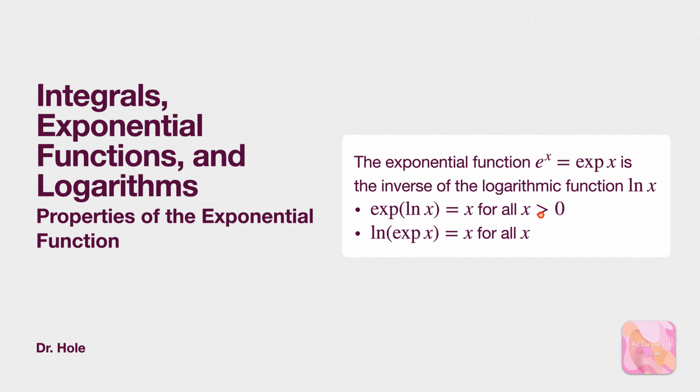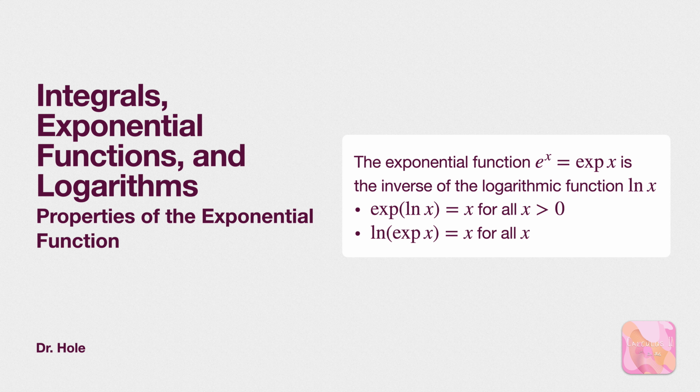So the first statement is only holding for positive inputs. On the other hand, our reflected graph, the red graph that we had, was defined for all inputs, so that the second statement holds for any input. Okay, note that the composition of one function with the other function is producing back the original input.